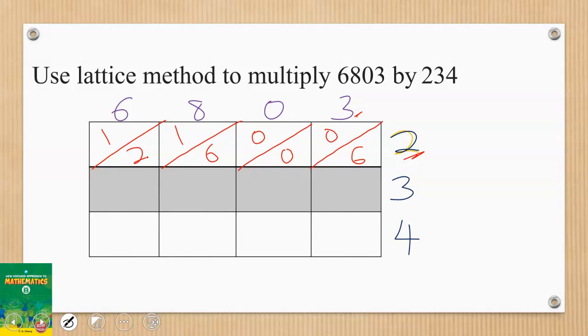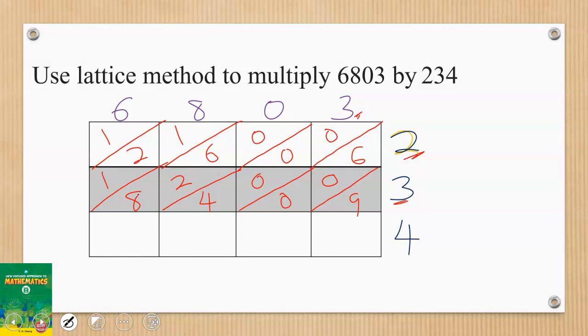Then we draw another diagonal for the second row. So 3 times 3 here will give us 9, so 0, 9. And 3 times 0 is 0, 0. 3 times 8 is 24, so 2, 4. Then 3 times 6 is 18, so 1, 8.